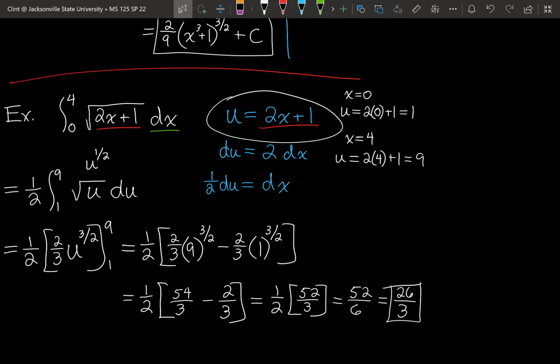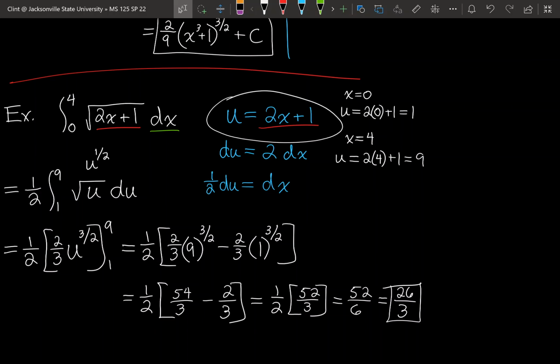Yeah, so that's the nice thing about this. By us changing the limits of integration in terms of u, we don't have to do the extra step where we undo the substitution. Because we already got everything in terms of u, so then we just plug in for u.